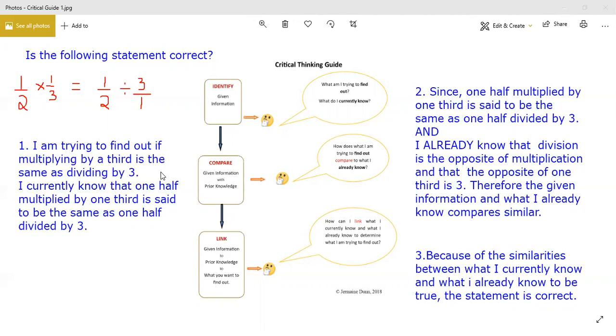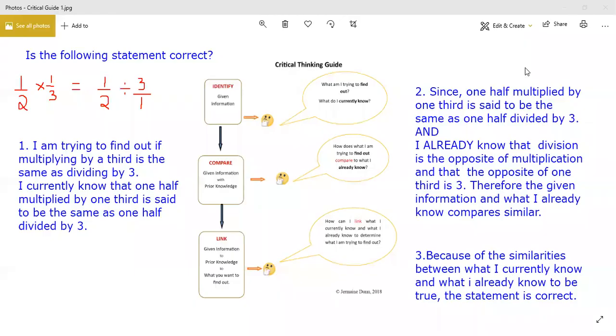So now we're going to move on to the second part of step 1, which says, what do I currently know? Based on this problem, I currently know that 1/2 multiplied by 1/3 is said to be the same as 1/2 divided by 3, and all of that would be from the information right here in the equation.